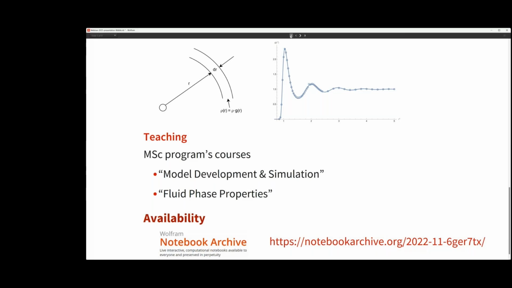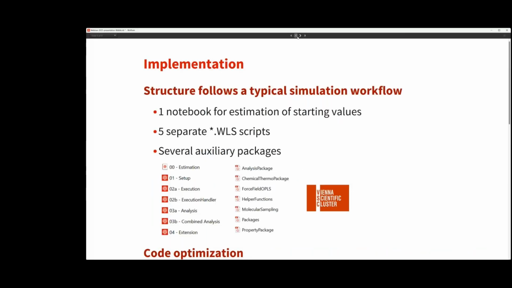Next, a word on the implementation structure, which was derived from a typical simulation workflow. And accordingly, the simulation suite consists of approximately 6 separate files. So there's one notebook for the estimation of starting values for densities and pressures, for example, using equations of state or activity coefficient models. And then we have 5 separate Wolfram Language script files.